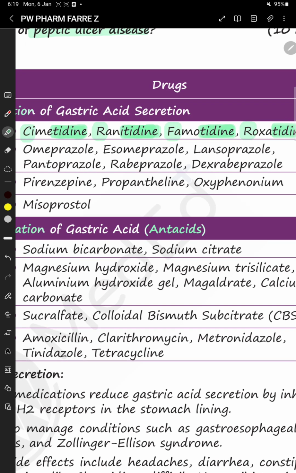So the mnemonic is RCF, R for ranitidine and roxatidine, C for cimetidine, and F for famotidine.